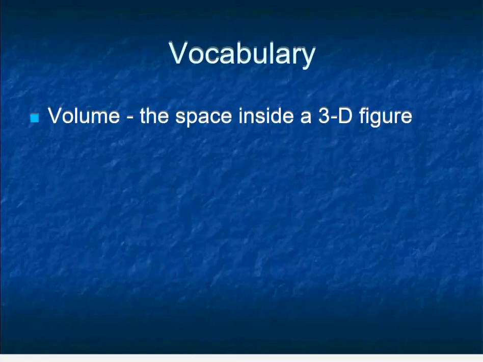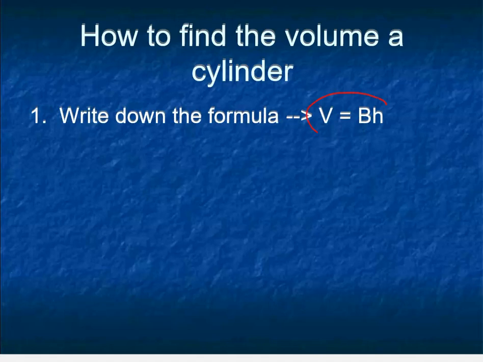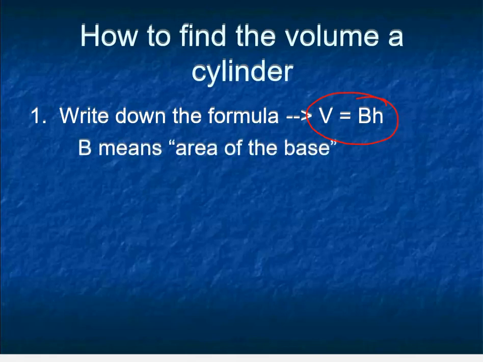Again, for your vocabulary, volume is the space inside a 3D figure. The formula, if you look at your formula chart for the volume of a cylinder, is V equals big B times H. It is very important that you look at this big B. Big B means the area of the base.